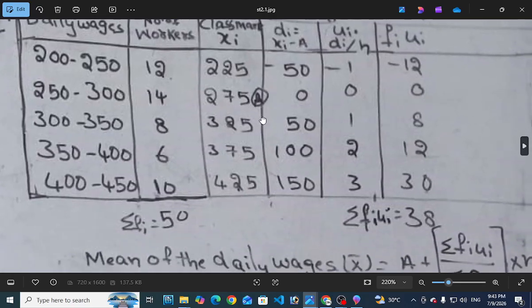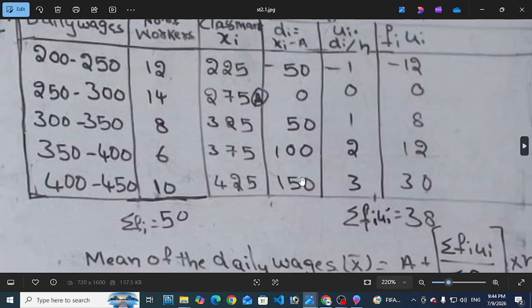Then we are going for deviation with the assumed mean, that is class mark minus assumed mean. 225 minus 275 equals minus 50. 275 minus 275 equals 0. 325 minus 275 equals 50. 375 minus 275 equals 100. 425 minus 275 equals 150. Like that we got the deviations.